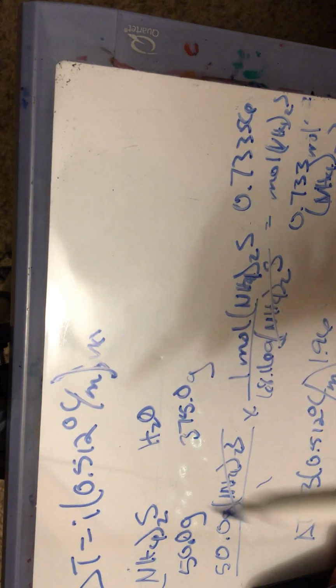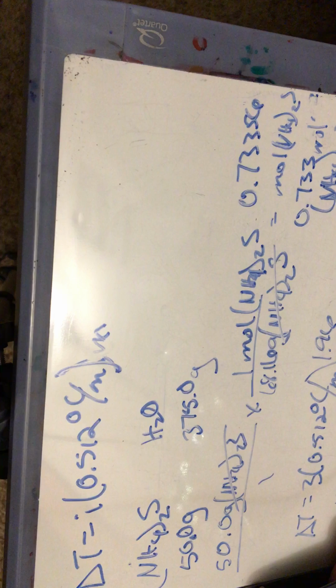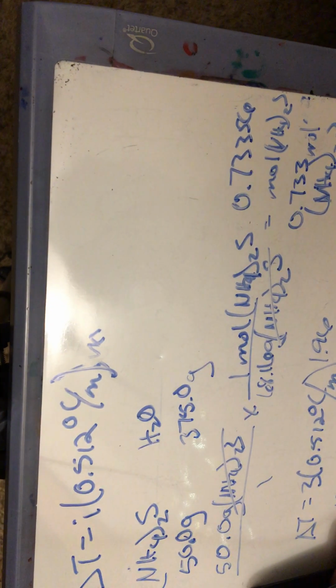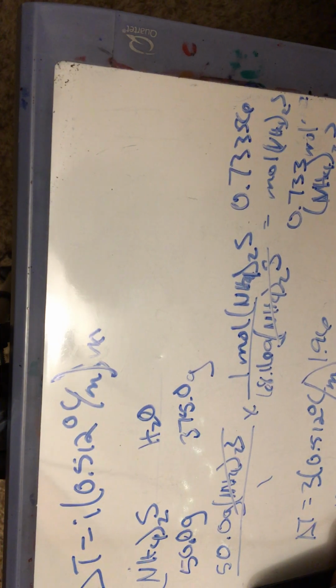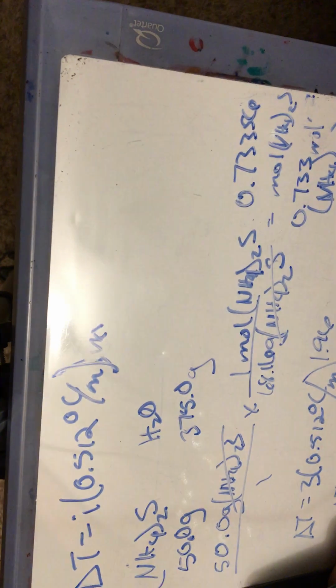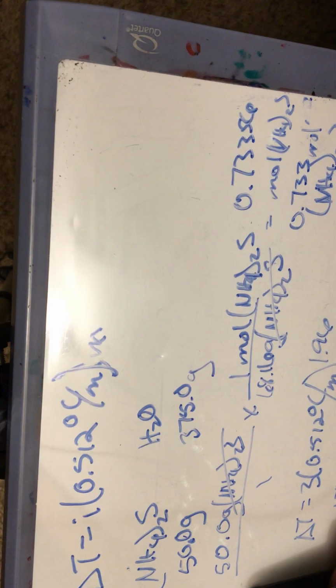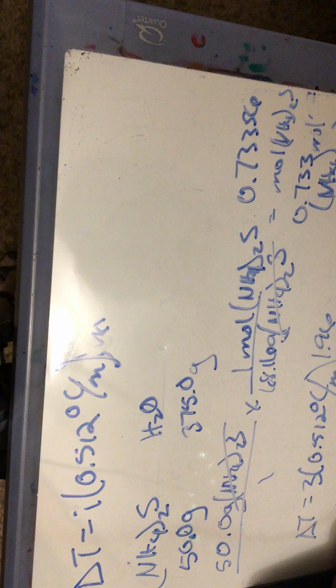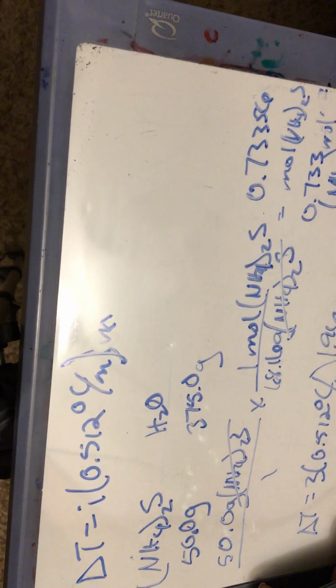And since we're working with boiling point, we're going to add that to 100, so that'll be 103 degrees Celsius, because they're at 3 sig figs. So that's the boiling point of that solution of water.